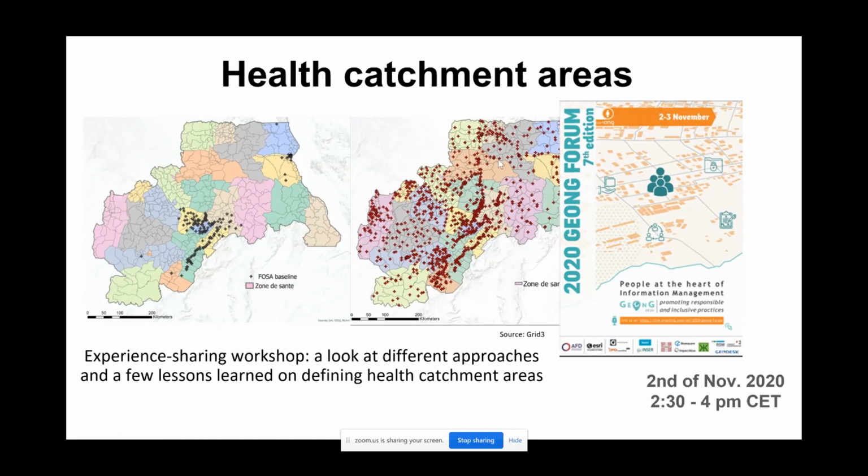For this workshop, we wanted first to have something a bit more collaborative and participative. And as it's a work in progress, the idea is also to have a discussion in the end with different people around health catchment areas and how we can improve them.